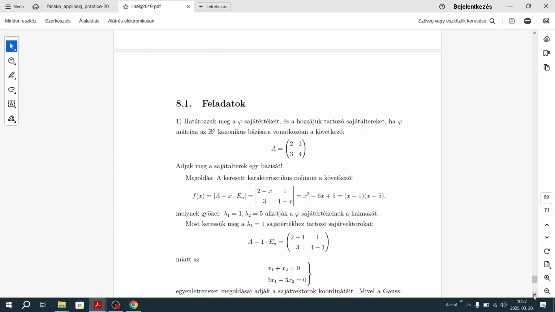It's not a proof, not a deduction, but at least true. Okay.